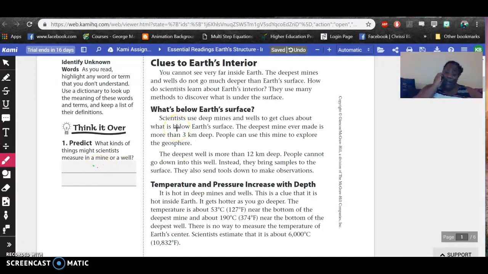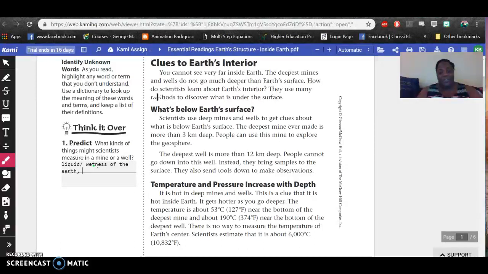Well, I would predict that they would measure what kind of things scientists might measure in a mine or well. Maybe the liquid or wetness. What other things would they be able to measure?